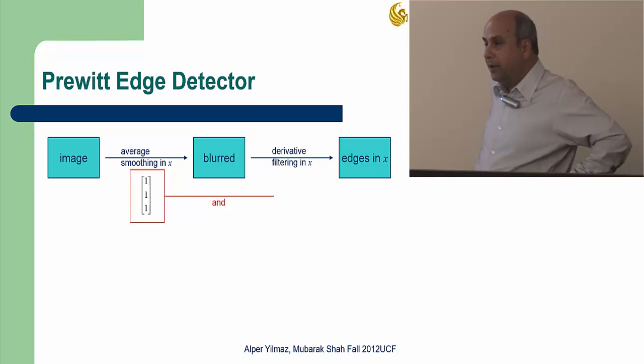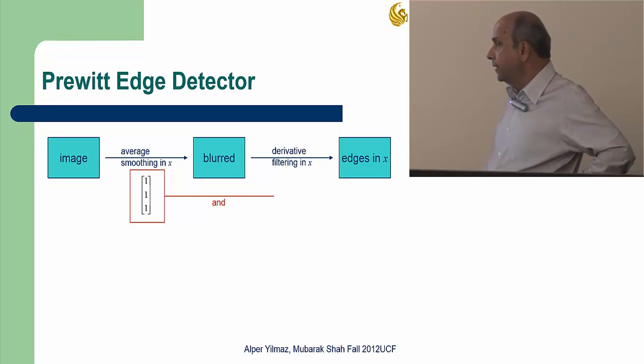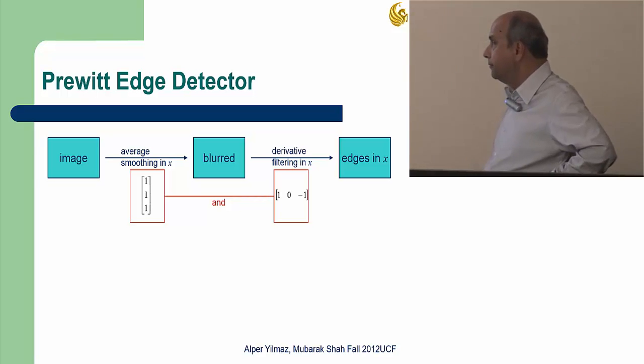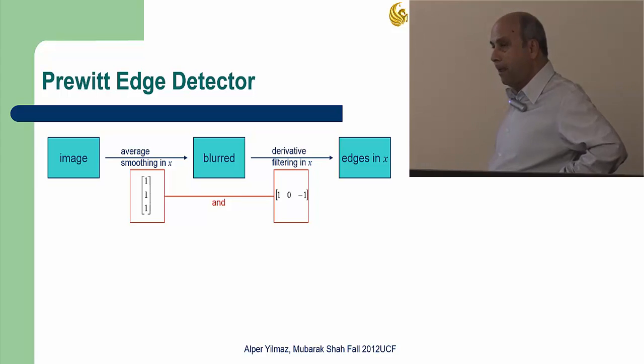For smoothing, we will do equal averaging over a 3 by 3 neighborhood, 3 pixels, and for the derivative we are going to use the central difference. So it's like that.